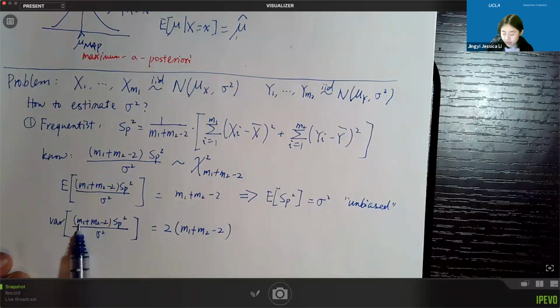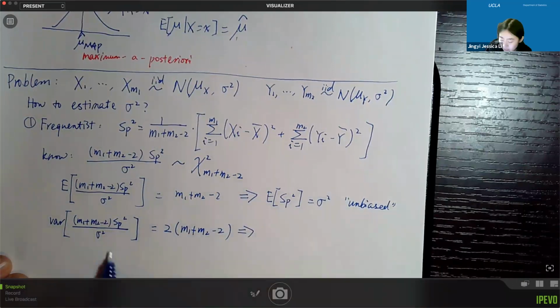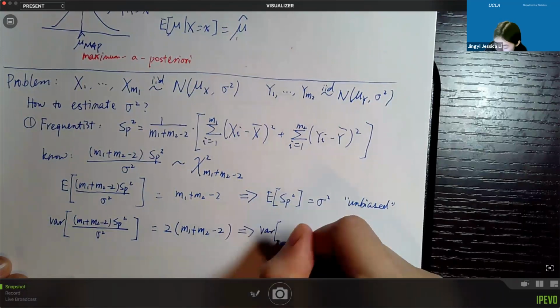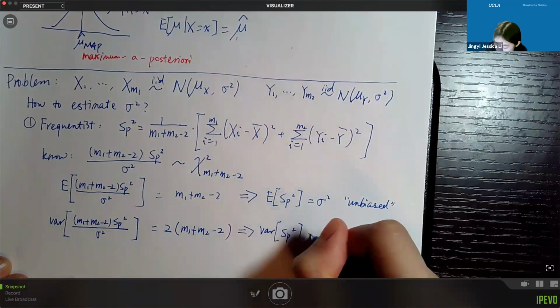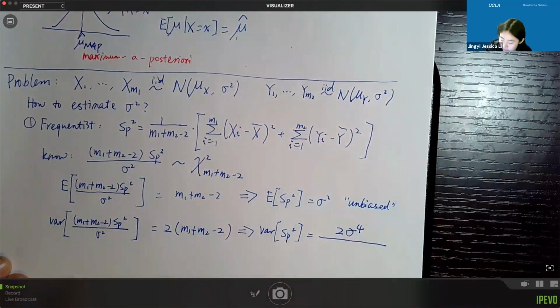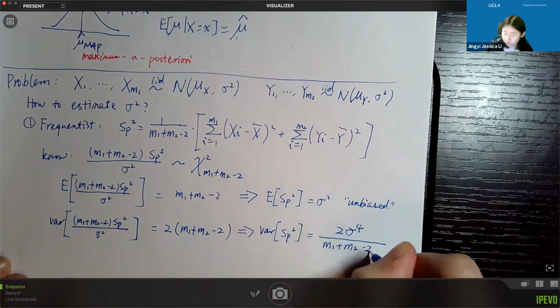So when I take the (m1 + m2 - 2) over sigma squared outside, I need to square the ratio. By squaring the ratio and dividing to the right-hand side, you can show that the variance of S_p squared is 2 sigma to the fourth divided by (m1 + m2 - 2).